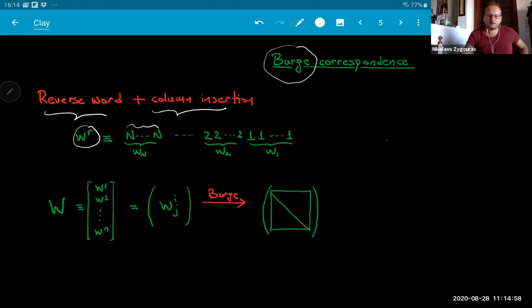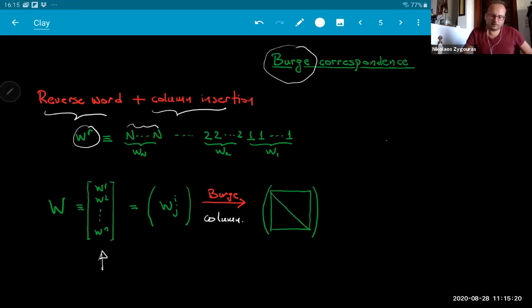In terms of matrices, this would correspond to a matrix W that I flip in this way. And once I have this matrix formulation of a sequence of words, I start doing column insertion.